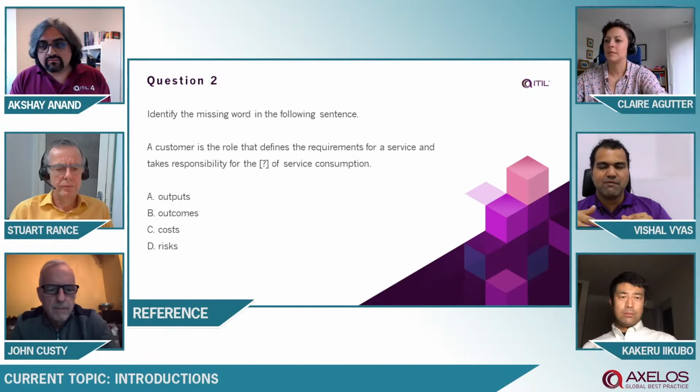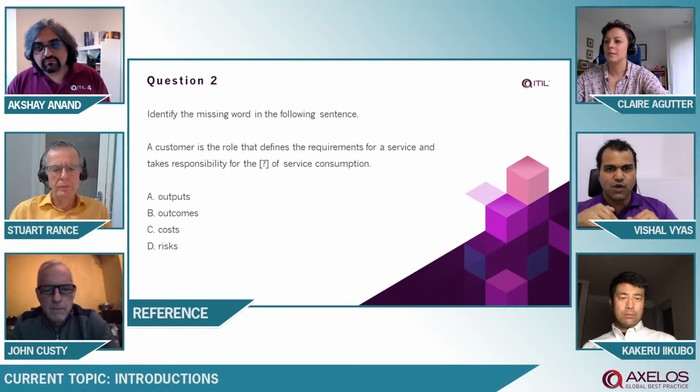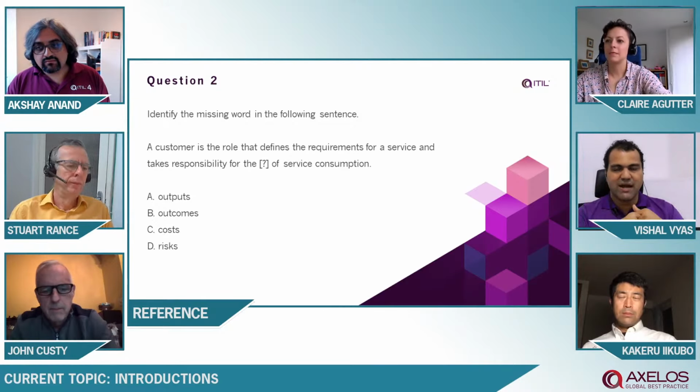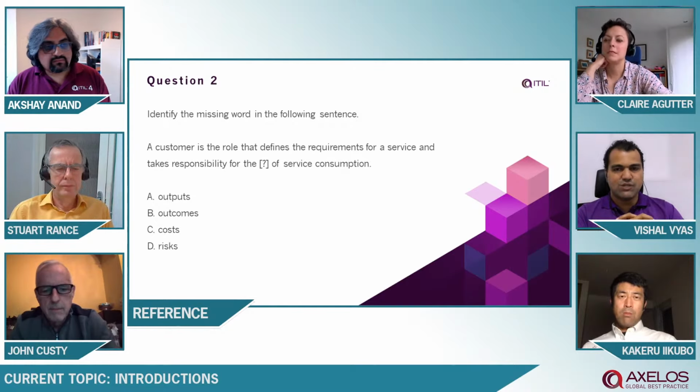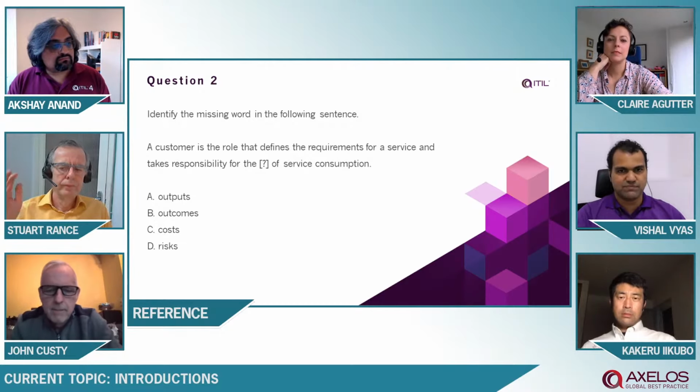You can use each option in the statement and simply say it in your mind, or hear it yourself. If it does not sound right, probably at the subconscious level, it is not correct. So I'm going to go with option B, outcomes.